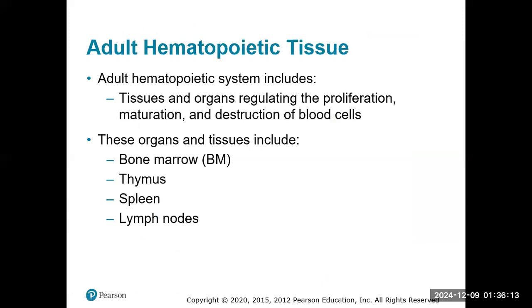So when we look at adults, we have hematopoietic tissue in our adults. There are tissues that actually destroy cells. There are tissues that actually remove cells when they're old, and that is necessary. It's a part of that process of regenerating cells.